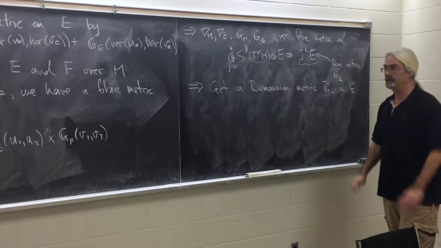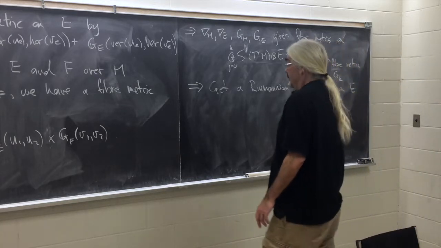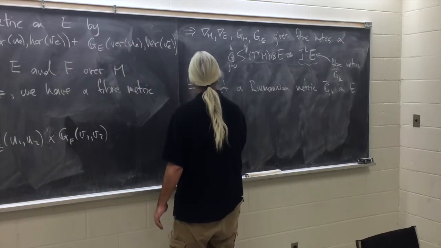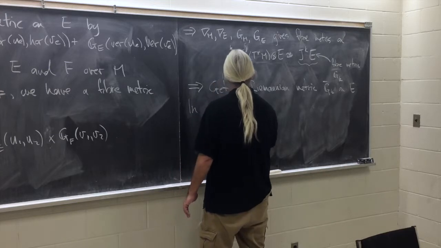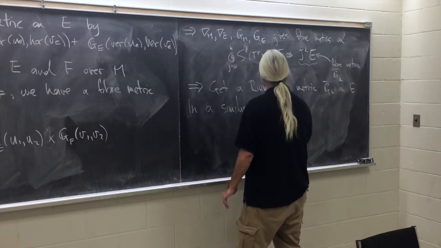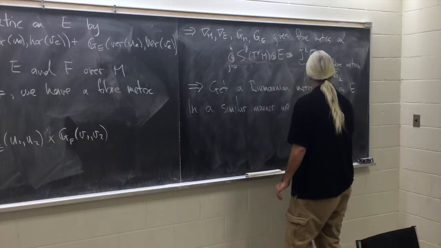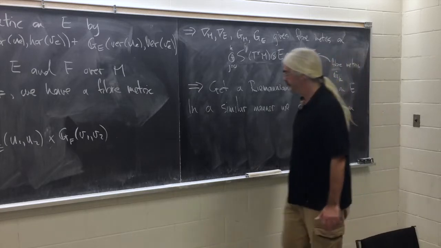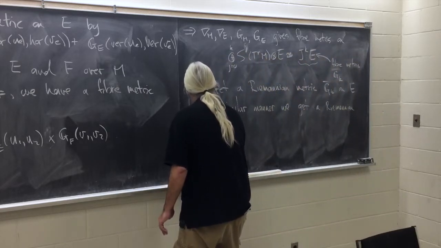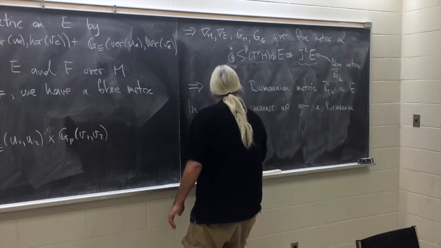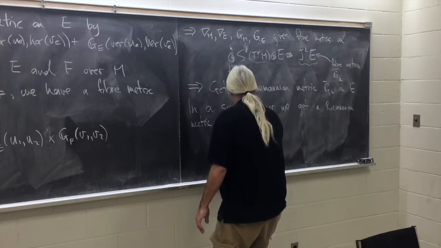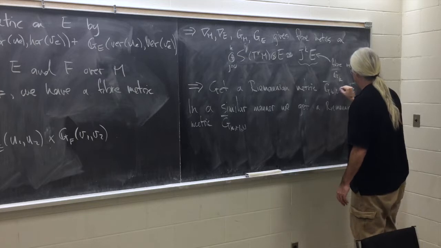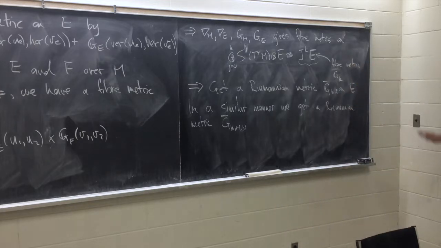So there's normal, good old metrics on E. Okay? And now you can see that in a similar manner, we get a Riemannian metric, and this one I'll call G bar K, M, and N. And so maybe I should really call this one G bar E. These are transitional constructions.